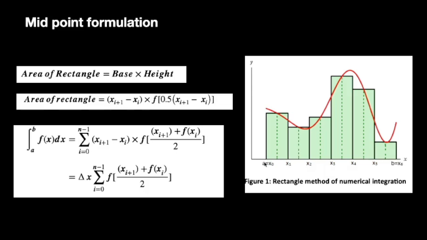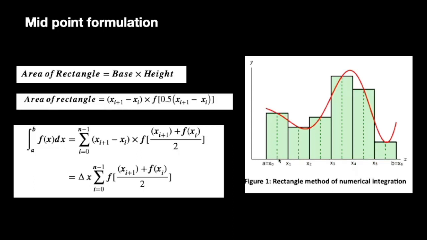If you know the total distance between a and b, and if you know in how many intervals you are dividing, then the width of one rectangle would be this total distance divided by the total number of strips. So the area of the first rectangle will be this height into this width.